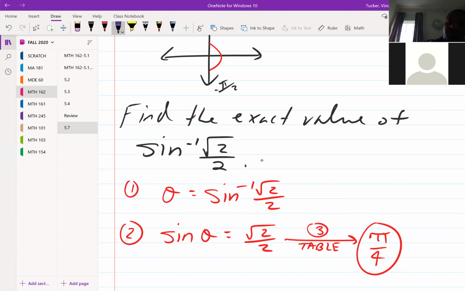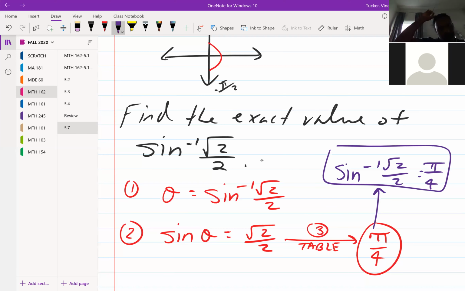So basically, if you do decide to get comfortable with the unit circle, you could commit these to memory, and you would remember that square root of 2 over 2 in reference to sine would be pi over 4 and stuff like that.